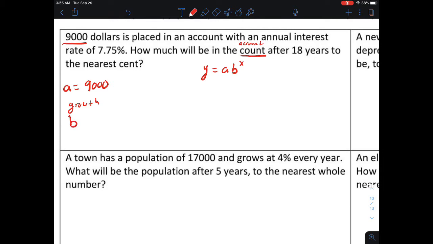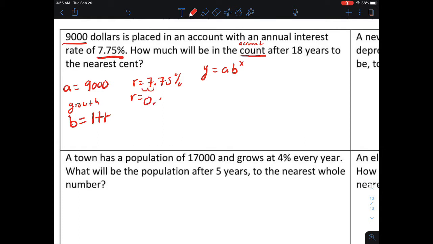So growth means that B is going to be equal to 1 plus R. Well, we got to figure out what R is. R is our rate. So if R equals 7.75%, I convert that into a decimal, which means I need to move the decimal place twice to the left.